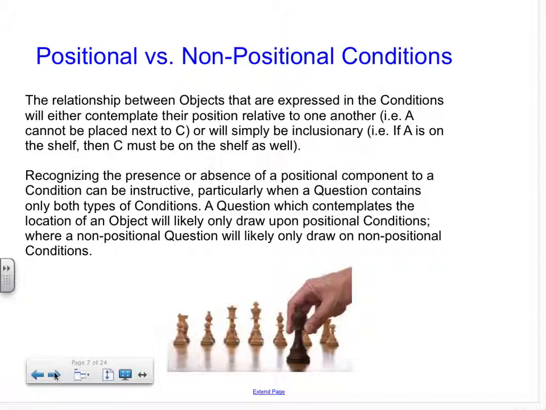Recognizing the presence or absence of a positional component to a condition can be instructive, particularly when a question contains only one or both types of conditions. A question which contemplates the location of an object will likely only draw upon positional conditions, where a non-positional question will likely only draw on non-positional conditions.